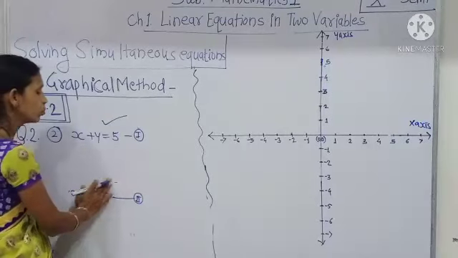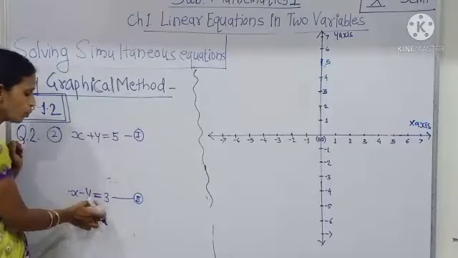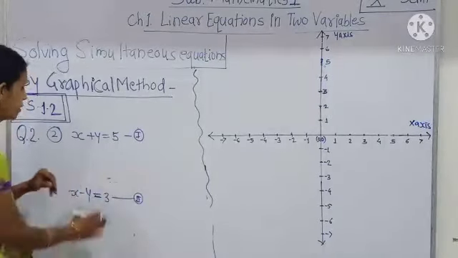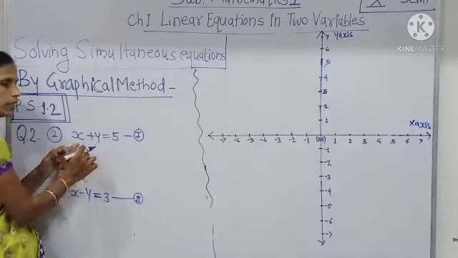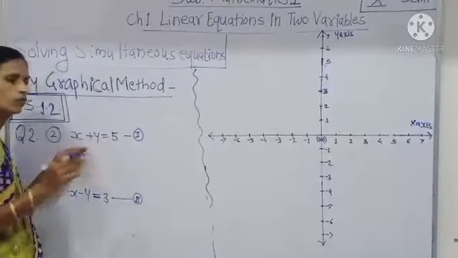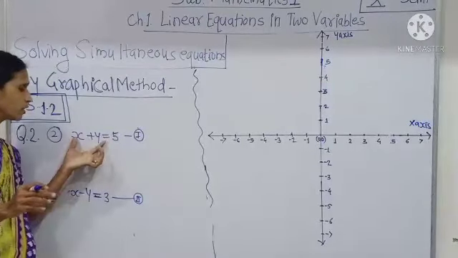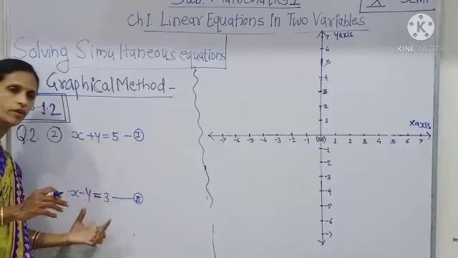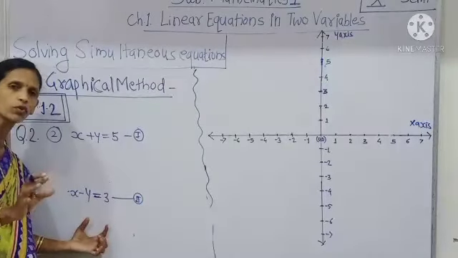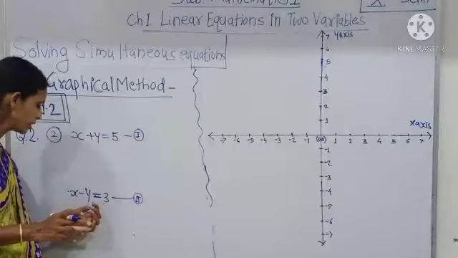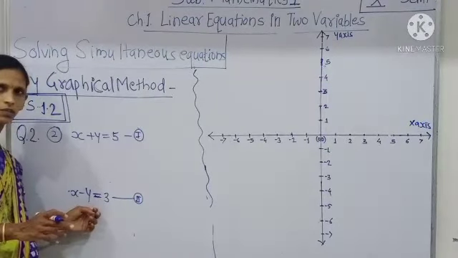To draw the graphs of both of these linear equations in 2 variables, we require at least 4 ordered pairs for equation number 1, as well as 4 sets of ordered pairs to draw the graph of the second equation.